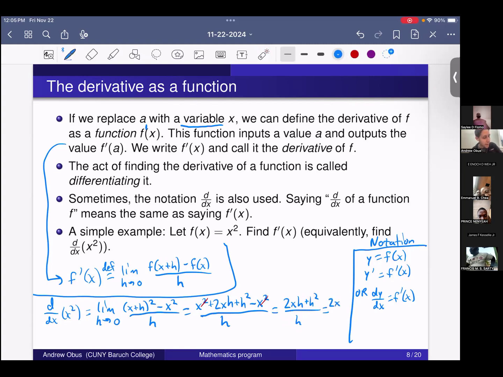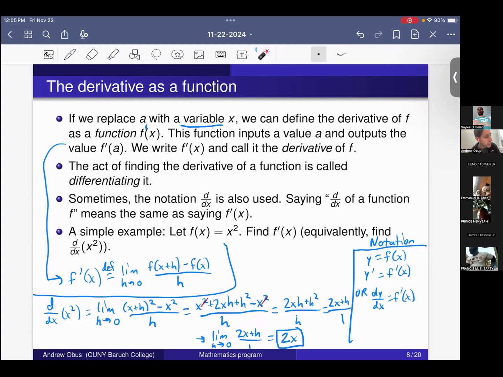So this becomes 2x plus h over 1. I'm sorry, I'm running out of space. So what we get here is the limit as h approaches 0 of 2x plus h over 1. That's just 2x plus h. We can take the limit as h approaches 0 of this function, and nothing happens to the 2x, but the h approaches 0, so it just disappears, and this gives us 2x.